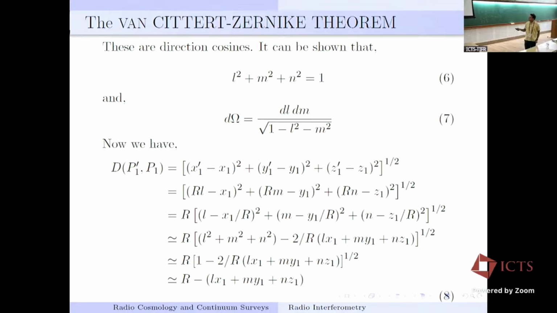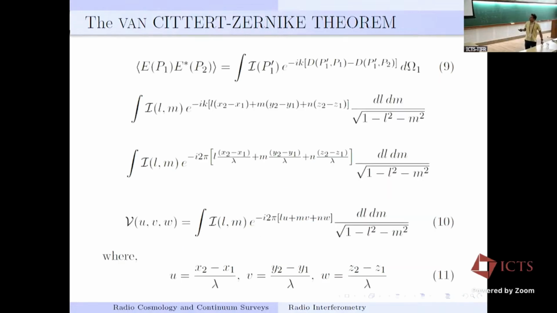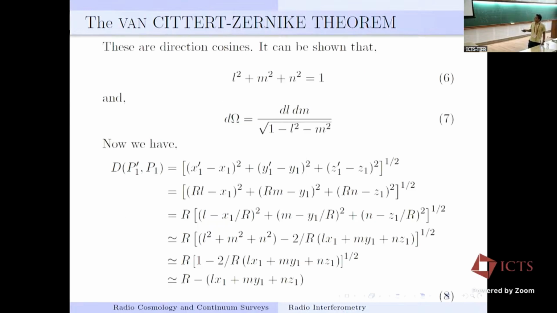So this is the distance between P1 prime and P1. Then we will also have the distance between P1 prime and P2. If you do that, all this x1, y1, z1 will be replaced by x2, y2, z2, the coordinates of the other antenna. Correct?